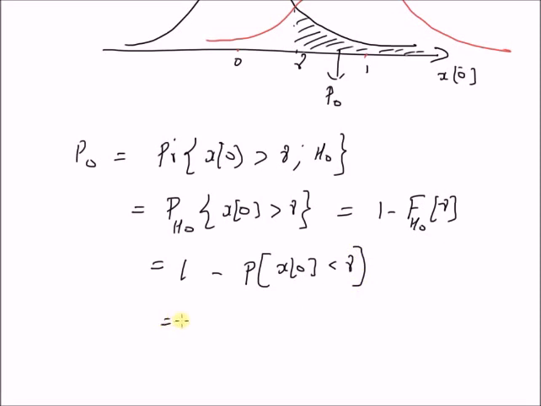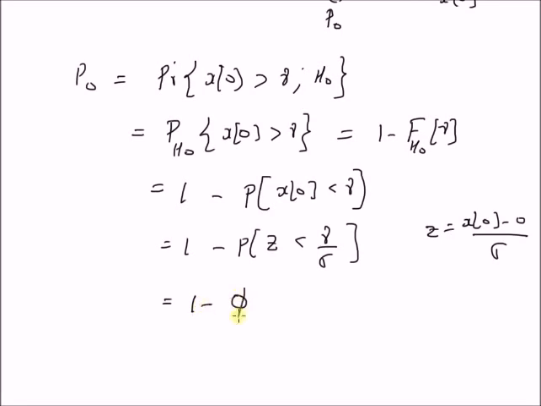By standardizing the random variable x of 0, we have the probability of z less than gamma by sigma, where z is equal to x of 0 minus 0 divided by sigma. Then we have 1 minus phi of gamma by sigma, where phi is the CDF of the standard normal random variable.